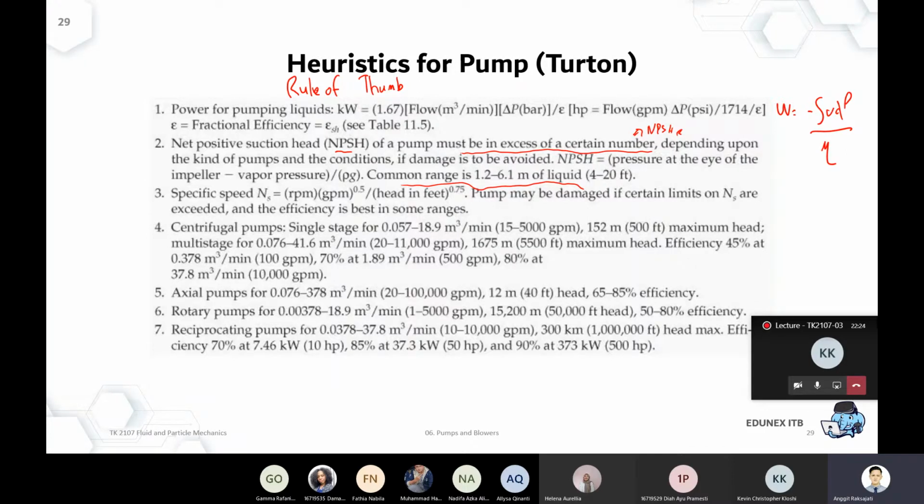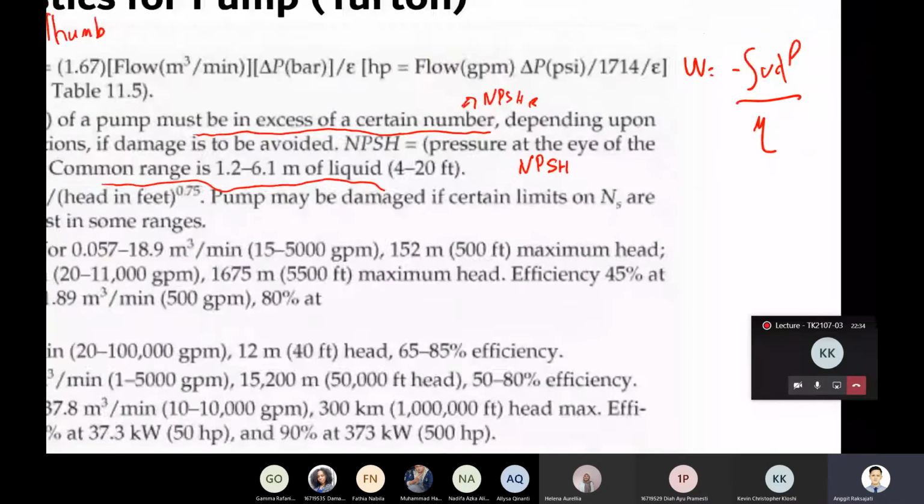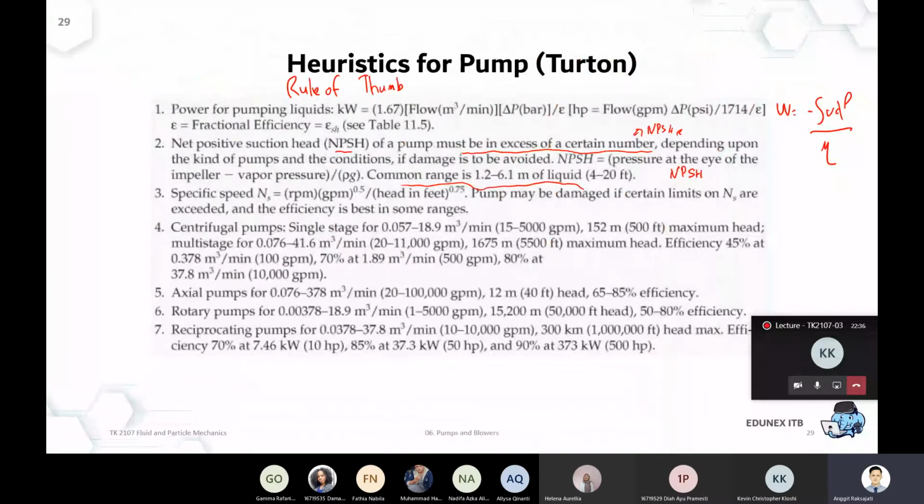Let me check your understanding. If you have NPSH required for the same identical head generated, let's say you have an option.